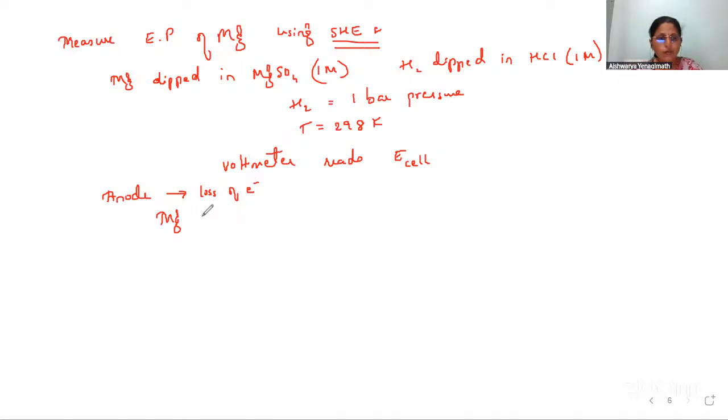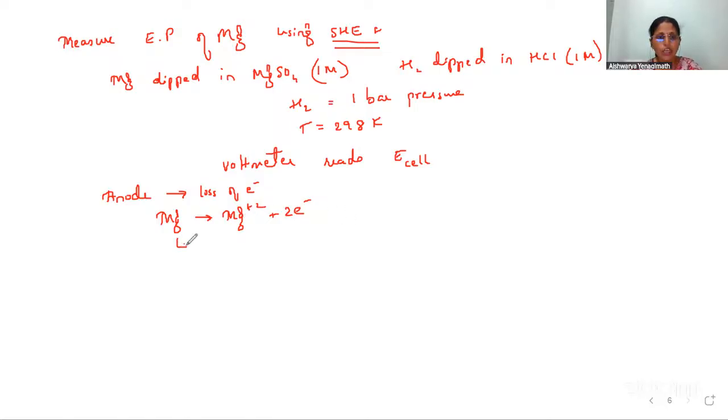So magnesium will lose electrons and form Mg2+ by losing 2 electrons. Therefore, it undergoes oxidation. The substance that undergoes oxidation helps in reduction. So what undergoes oxidation gets oxidized and will reduce the other.